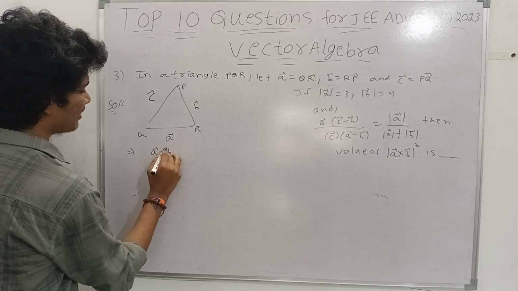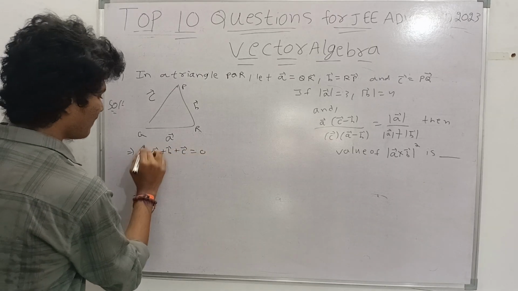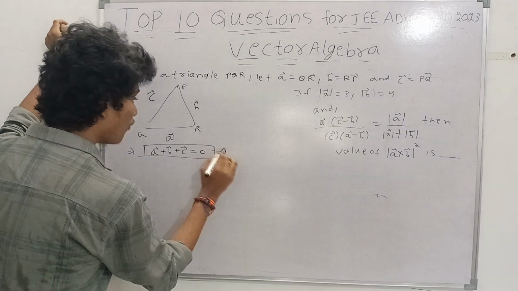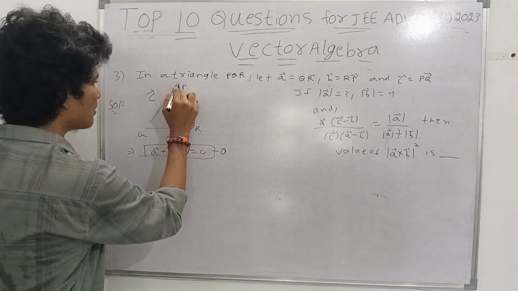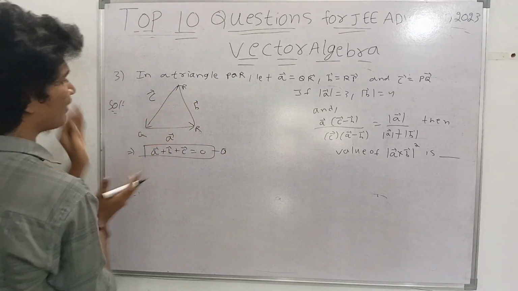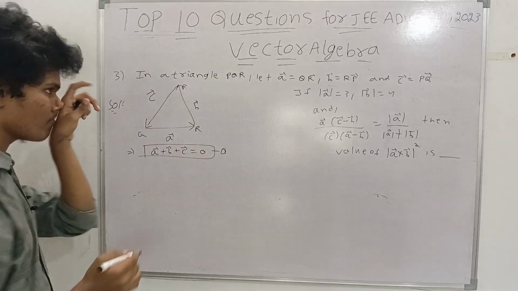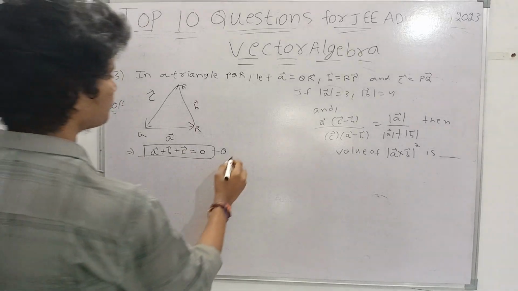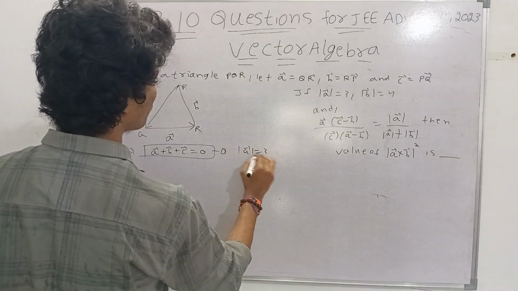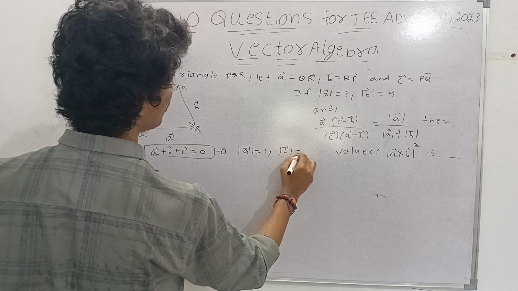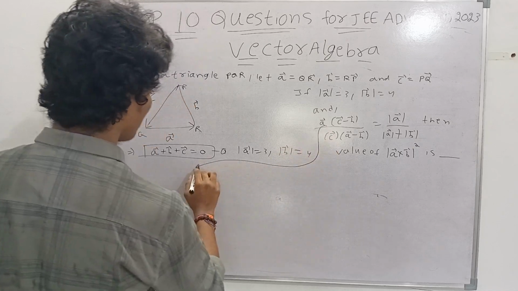A vector plus B vector plus C vector equal to 0. This is the first and important crucial step. How I am getting? This is A vector, this is B vector and this is C vector. By applying the triangle law, A bar plus B bar plus C bar equal to 0, the triangle property. Now, the given magnitude of A equal to 3 and magnitude of B equal to 4. Now we have to solve these things.